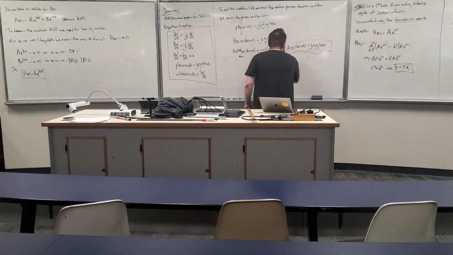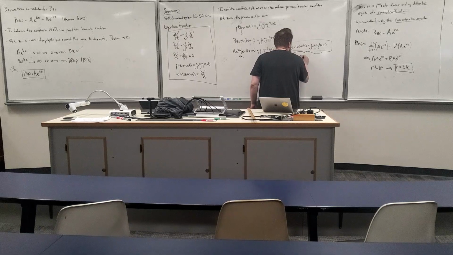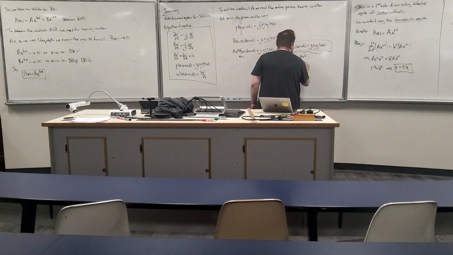So this tells us that eta prime of x and t is going to be eta naught sine of kx minus omega t.